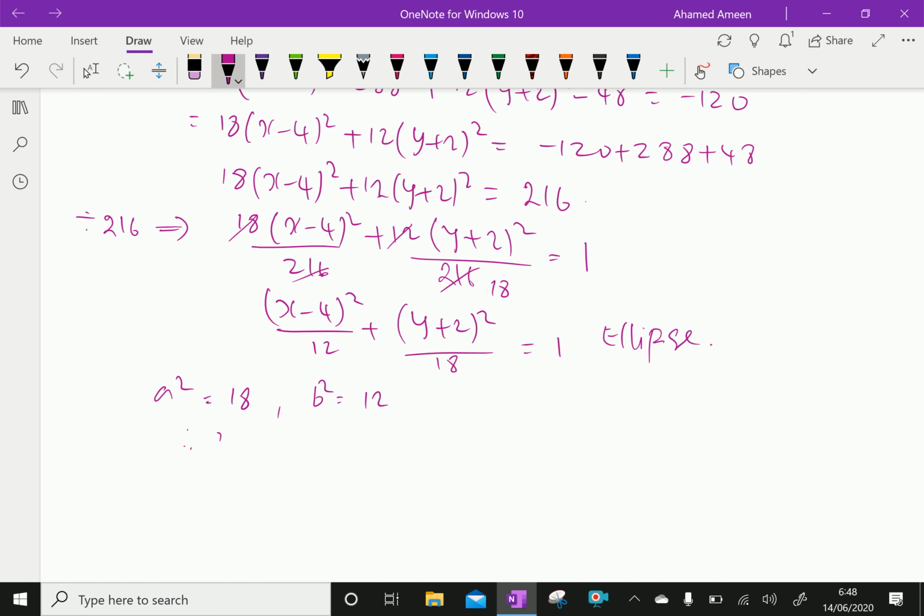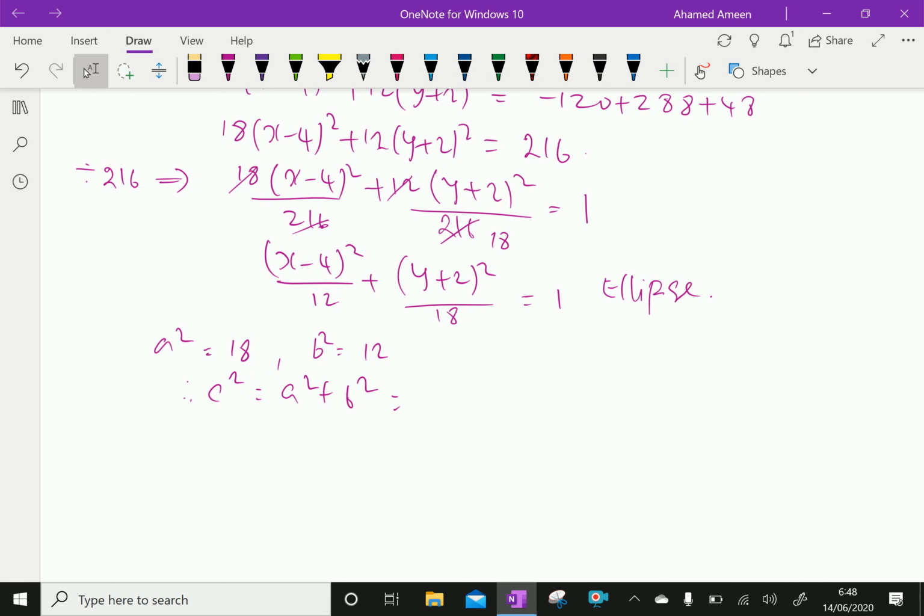And therefore c square equal a square minus b square, because here the major axis is parallel to the y-axis, which is 18 minus 12 equal 6, which gives c equals square root of 6.